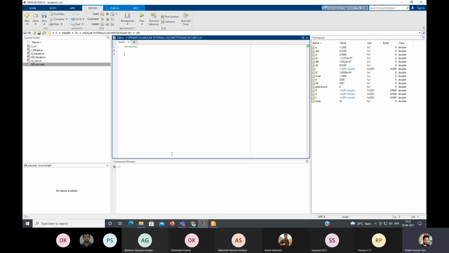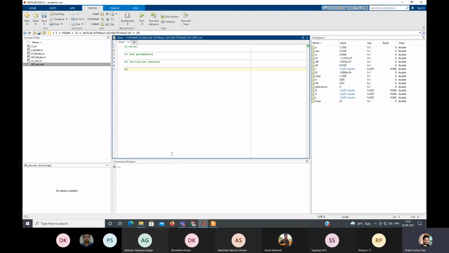We divide our code into a few compartments. So first we have to check the parameter values. Whoever has Matlab with them can type along with me. Then what we have to do? We have to initialize our parameters. Then what we have to do?